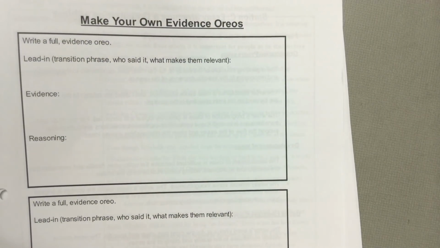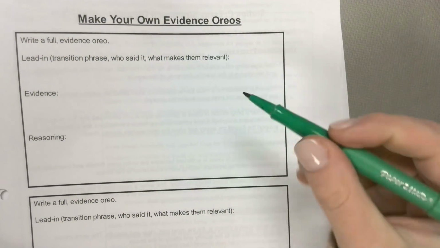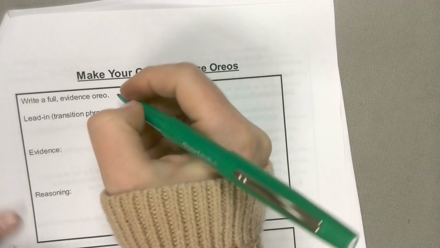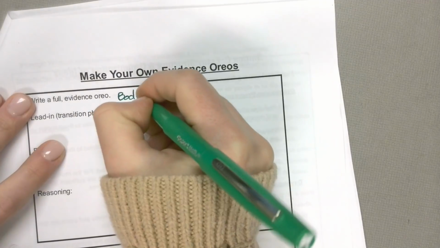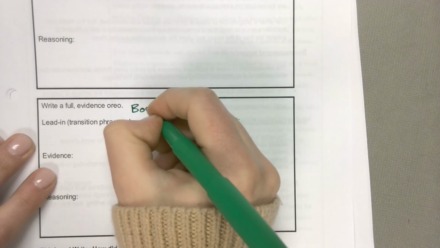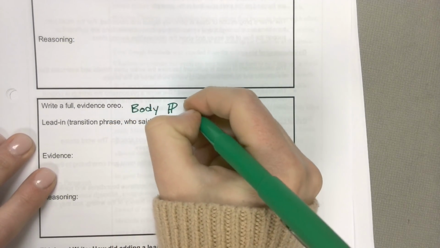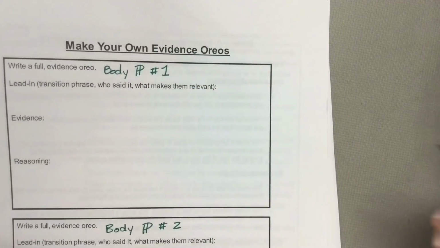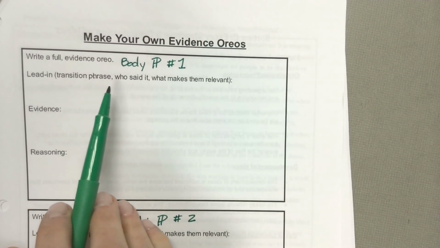It's your turn to make your own evidence Oreos. You need 2 Oreos, 1 for each body paragraph. So this is body paragraph number 1. And this is body paragraph number 2. You're going to include a lead-in.